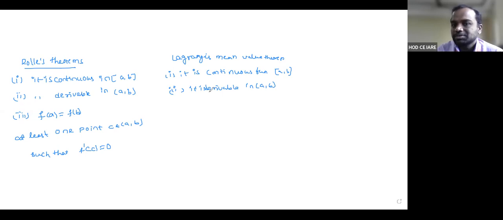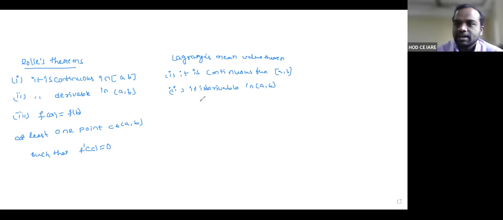So these two conditions are satisfied. It is a continuous function in the closed interval [a, b], and it is derivable in the open interval (a, b). Then that function satisfies Lagrange's mean value theorem.